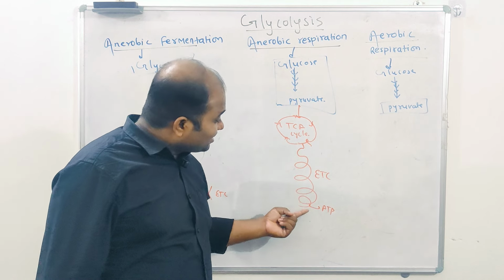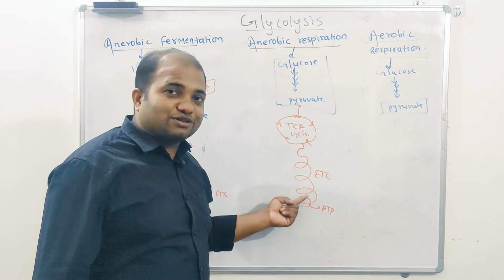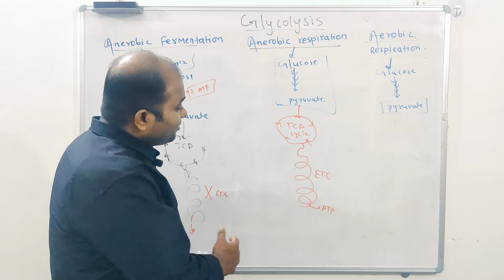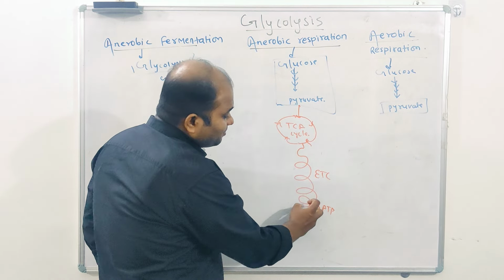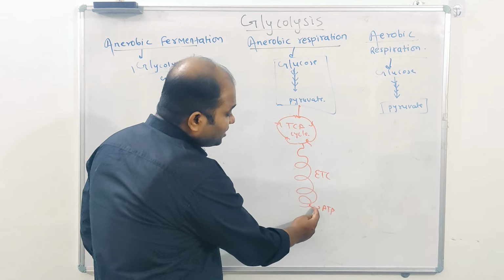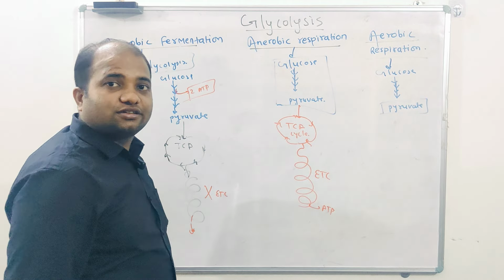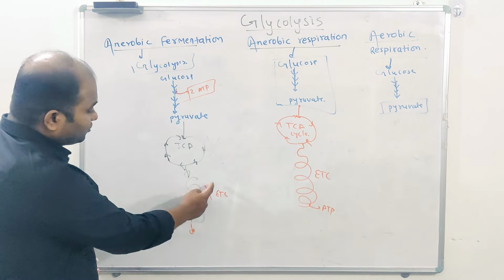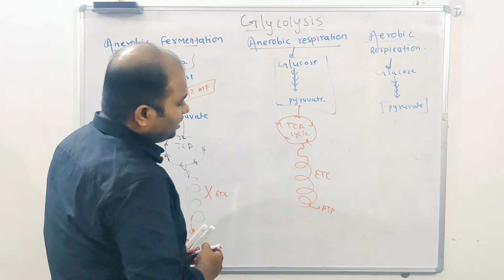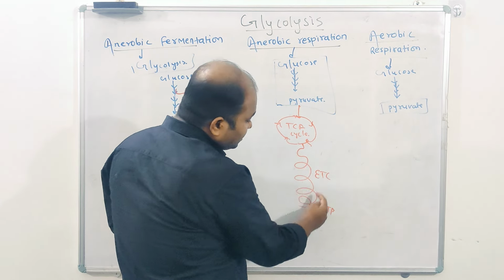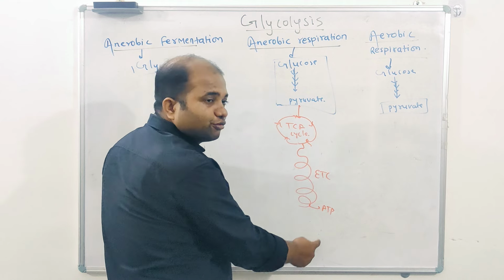Even though it is passed through the electron transport chain, the last recipient is not oxygen. You are getting it? Here, even though the last recipient of these electrons should be oxygen.